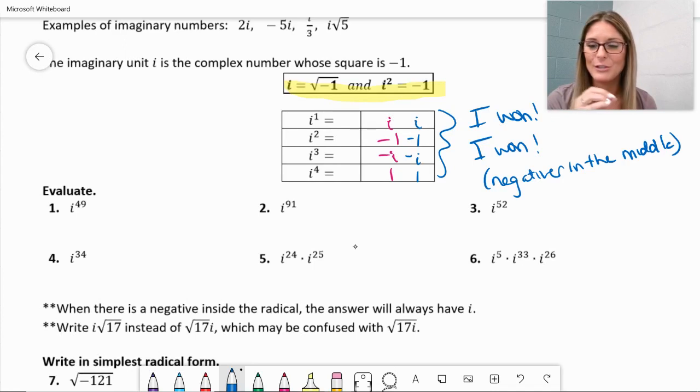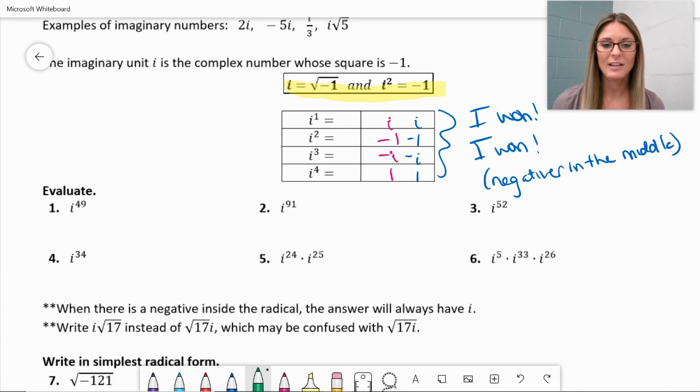Number 1, i to the 49th. Miss Bryan, you listed 1, 2, 3, 4. How am I supposed to get to 49? Well, here's the deal. This pattern continues. It loops. Guess what i to the 5th is? i. It just loops back around. Guess what i to the 6th is? -1. Guess what i to the 7th is? -i.